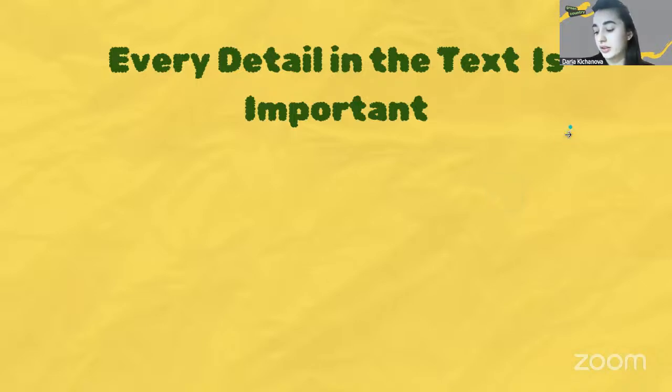Every detail in the text is important. Hopefully or unfortunately, I don't know, the details in the text are important until the moment that we read the questions. So every detail can be important before you read it.